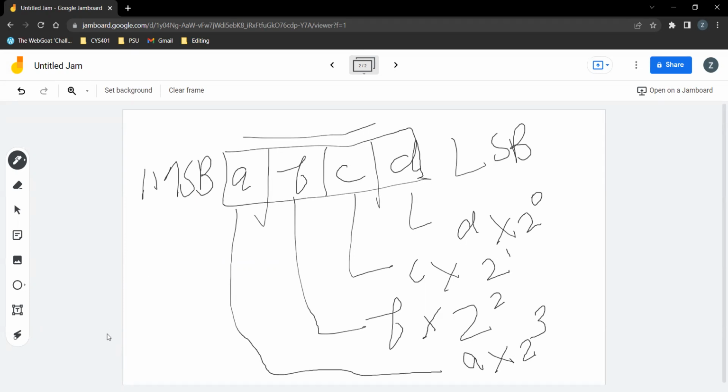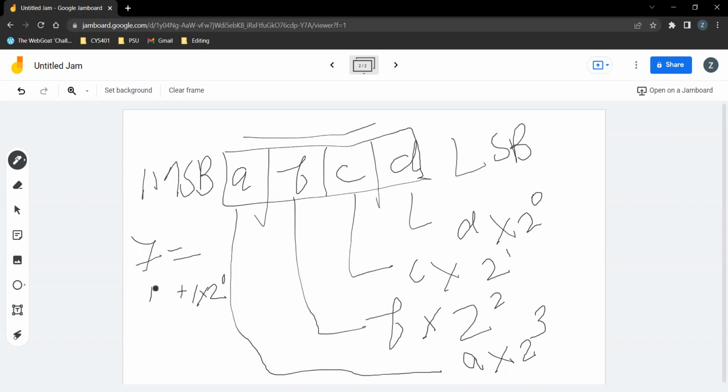Now if I need to represent 7, how can I represent it? We want 1. So it is 1 into 2 to the power 0 plus... This represents 2 to the power 1, which means 2.